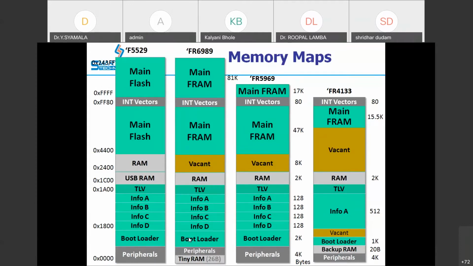USB RAM is there if the device has an on-chip USB module. So you can easily treat your MSP430 device as a USB storage, keyboard or mouse; applications like that can be built around the USB module, and for that purpose we need the USB RAM. It's a special type. If the USB module is not on a controller, then that RAM is not present.